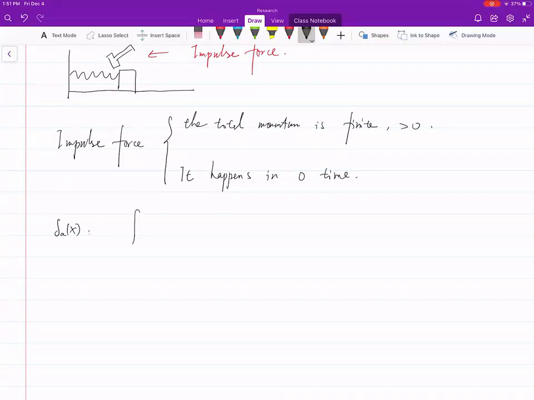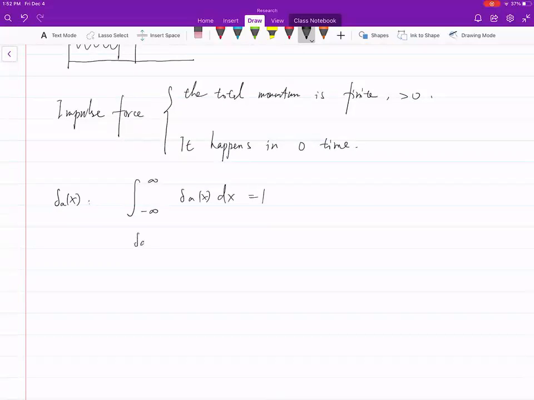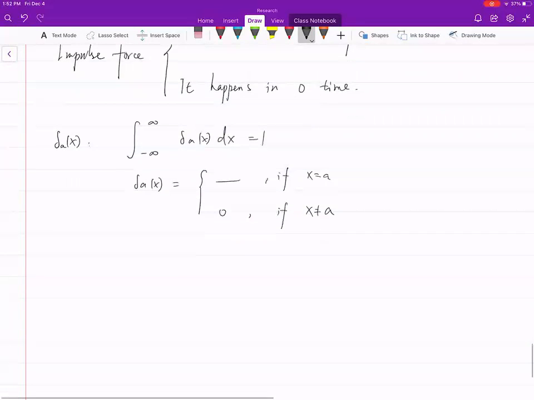Then the integration of this delta A(x) dx from negative infinity to infinity should be 1. That's the first property. Second property, delta A(x) should have a value if x equals A, and this delta should be 0 if x does not equal A. Because this impulse happens at A. If it's not A, you don't have impulse.